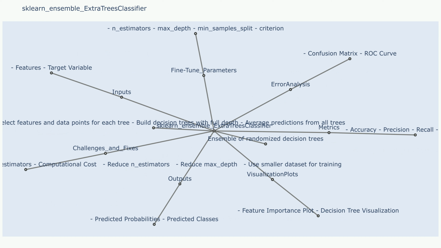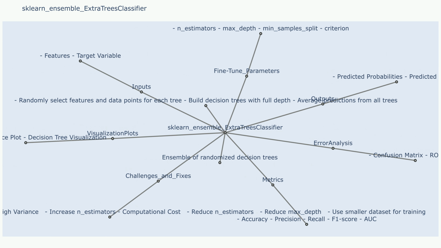Each decision tree is built on a random subset of the training data, bootstrap aggregating or bagging, and each tree is constructed with a random subset of features at each node. This randomness in both data and features ensures that the trees are uncorrelated and diverse, which leads to a more robust model that is less prone to overfitting.